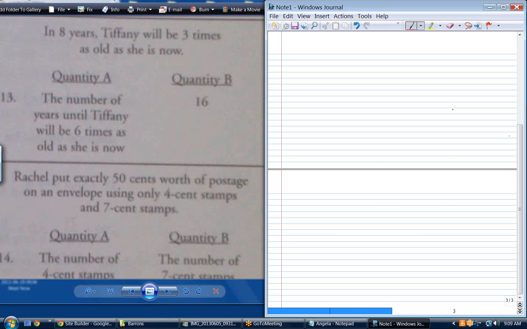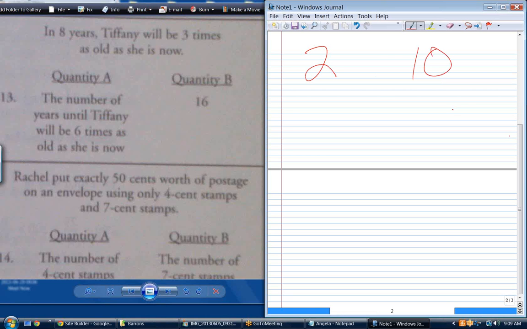Just pick a smaller number, any smaller number. 2. Okay. If she's 2 now, in 8 years she'll be 10. That's 5 times older. So we went too small. Somewhere between 2 and 8.